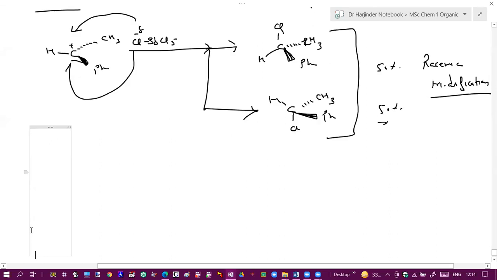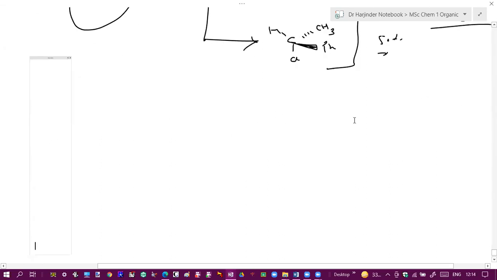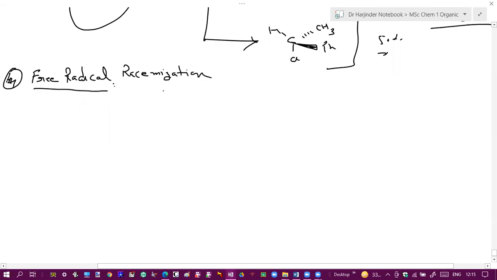So what will be free radical racemization? Have we already discussed it? Yes, thermal bond cleavage, we have already discussed the thermal case. But another way of carrying out free radical racemization is by using free radical initiators.